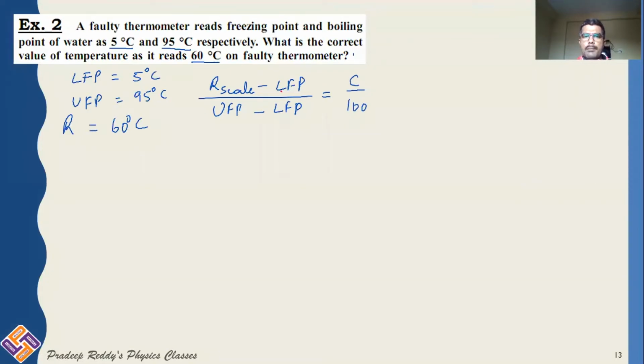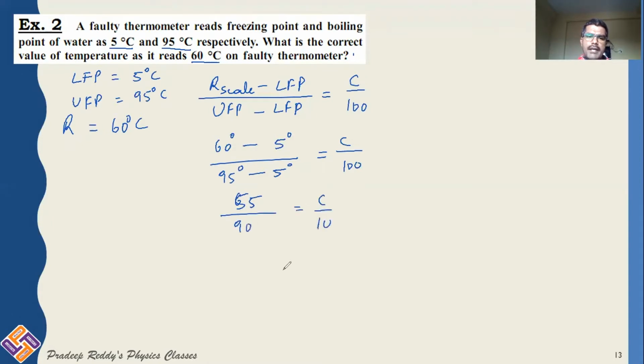Reading on the scale minus lower fixed point, divided by upper fixed point minus lower fixed point. The reading on the faulty scale is 60 degrees, minus lower fixed point 5 degrees, divided by upper fixed point 95 degrees minus 5 degrees, is equal to C divided by 100. This is 60 minus 5, which is 55, divided by 90, equal to C divided by 100.